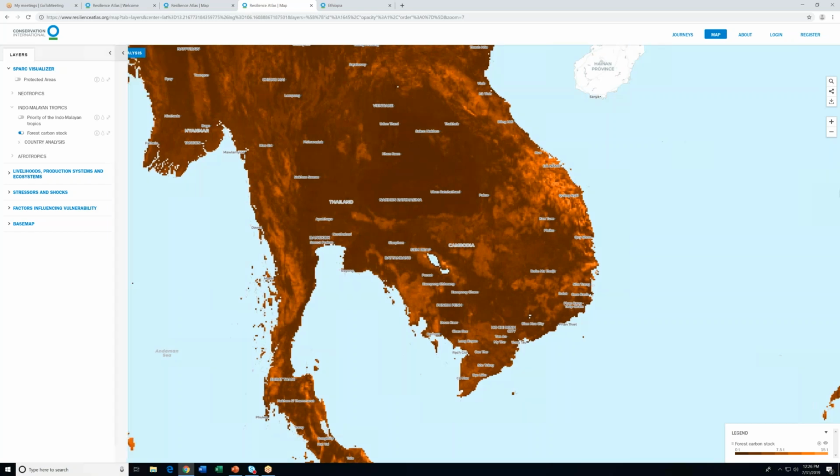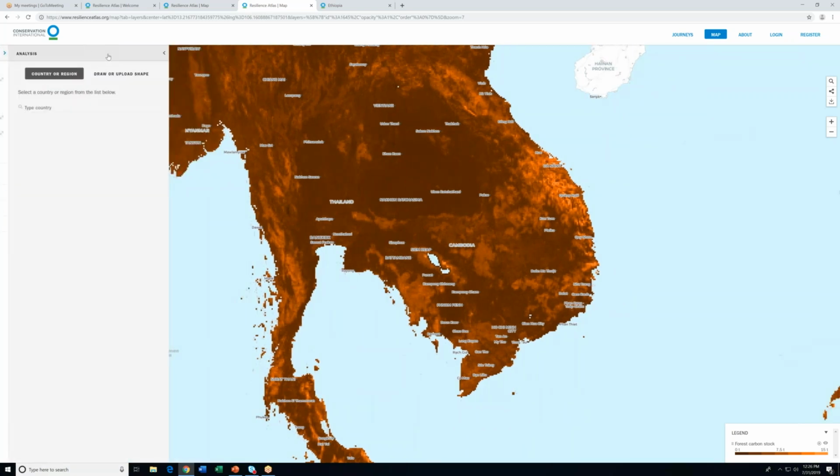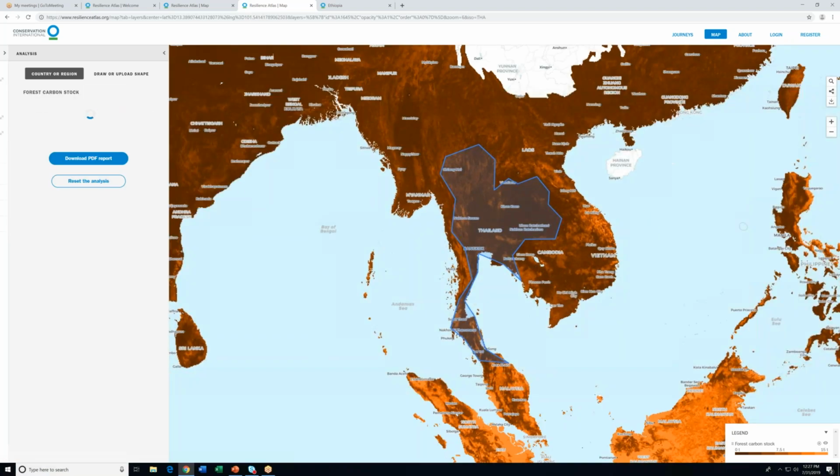On the screen now is the total carbon stock, based on aboveground biomass plus soil carbon. The lighter orange is more dense carbon, and the brown is less total carbon. It looks like Monica is pulling up the Thailand boundary from the drop-down menu.